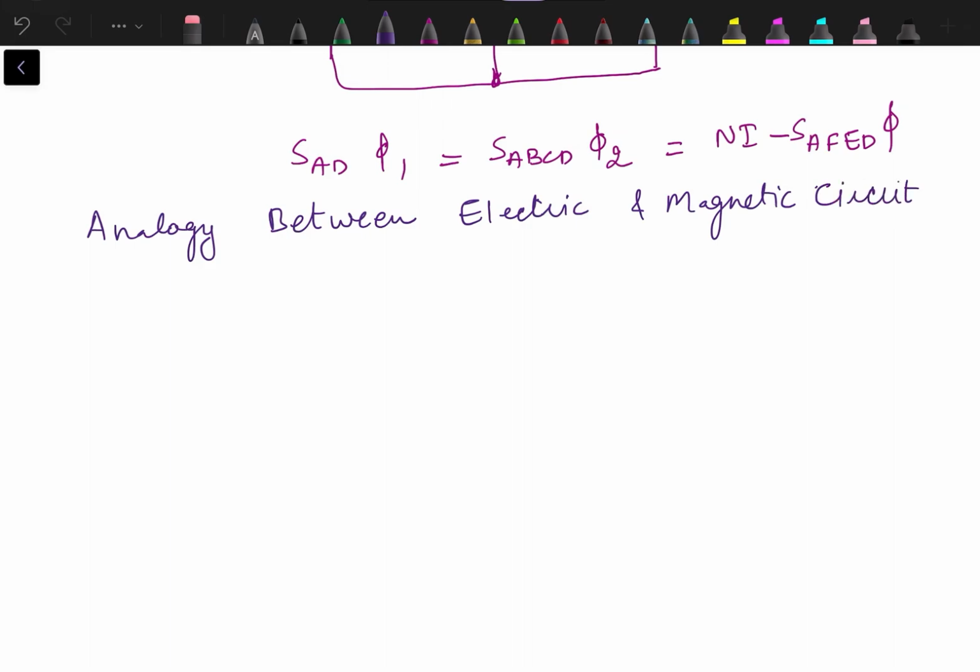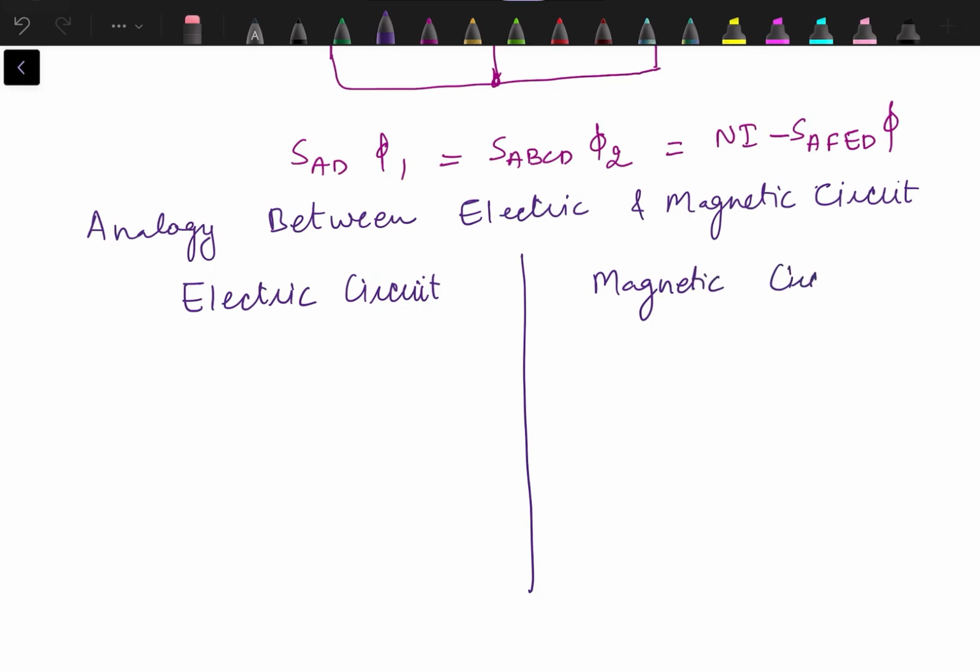Now in case of electrical circuit, the driving force is potential difference, while in case of magnetic circuit, the driving force is MMF.